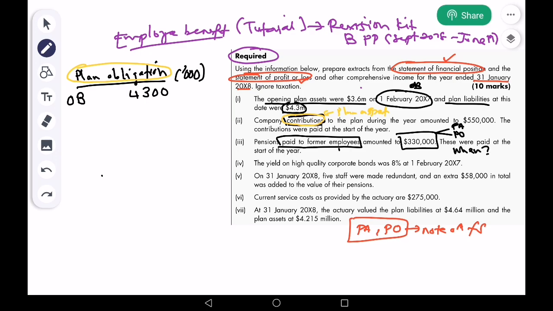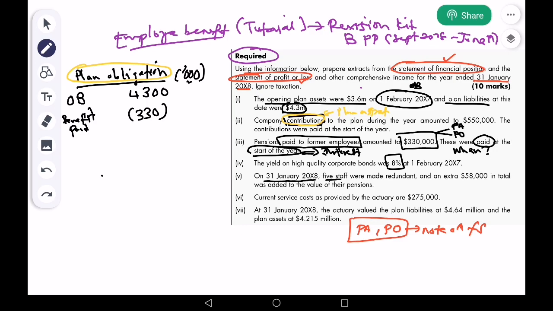Just remember, you must know when you paid. Paid at the start of the year means that it will impact your interest as well. Why? That means you have to put the benefit paid amounted 330. Then your interest rate will be 8% on the 31st January.